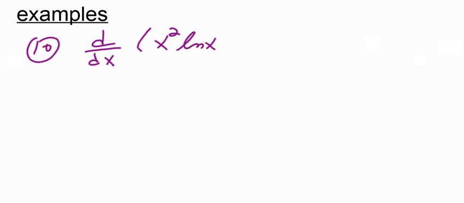All right, so let's go walk through some examples. From the textbook, we're going to do number 10, and they want us to find the derivative of x squared times ln of x. And this would also be a product rule. So I'm going to do the derivative of the first function, and then a derivative of the ln.